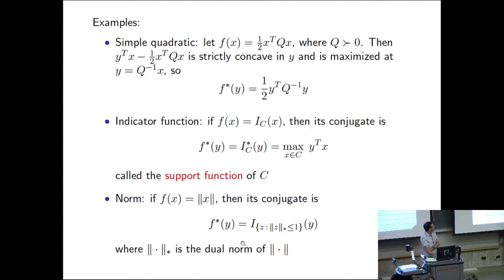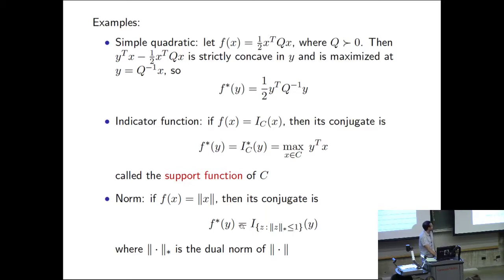And the last example, I think at least, is the conjugate of a norm. If you give me a norm, then its conjugate function, it turns out, is the indicator function of the unit ball in the dual norm.